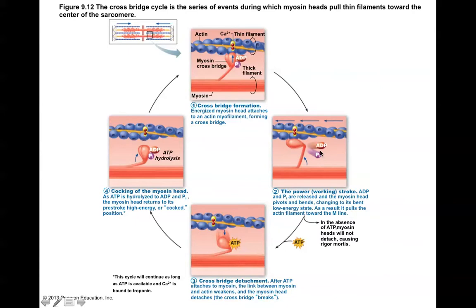Remember, in the second stage, it goes from cocked to relaxed, and in so doing, it moves the actin filament, but this is not an energetic movement. In fact, you're going from an energetic state to a relaxed state. So the ADP and the inorganic phosphate fall off the head, ready to be recycled into our next molecule of ATP, by the way. And in so doing, the myosin head moves, pulls the actin filament inward.